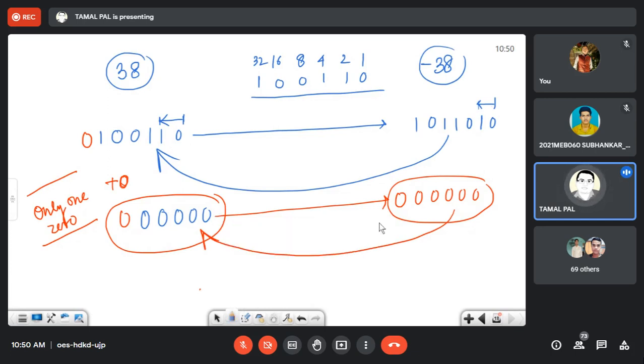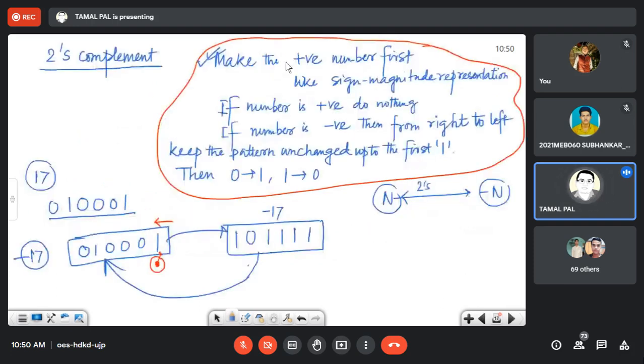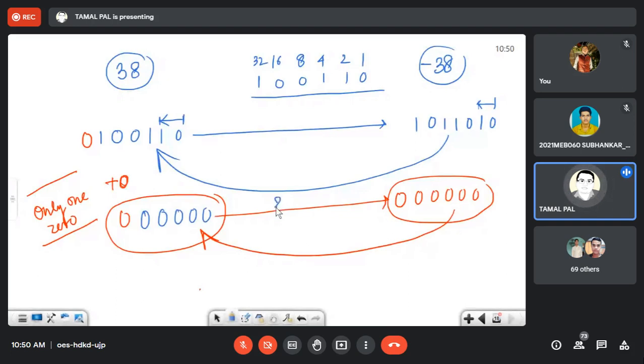Now, as per the rule of 2's complement, what is minus 0? If number is positive, do nothing. If number is negative, write the sign bit as 1. Now you do the 2's complement operation on it.